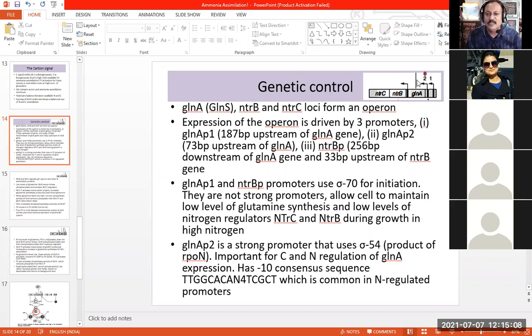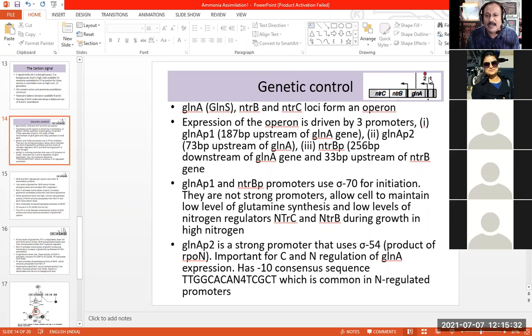Now this promoter number 2, I have shown with a red colored dot here. Can you see it? This diagram is a modified diagram. To make the concepts clearer, whatever diagram I copy and paste into my presentation, I modify slightly so that things become easier to understand.